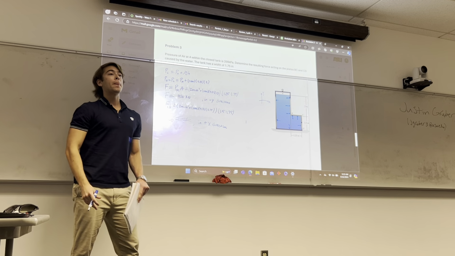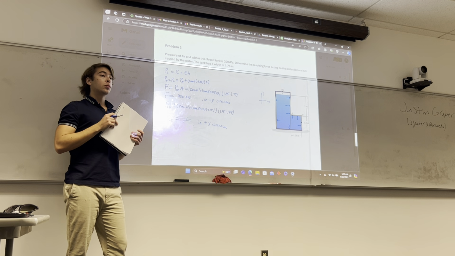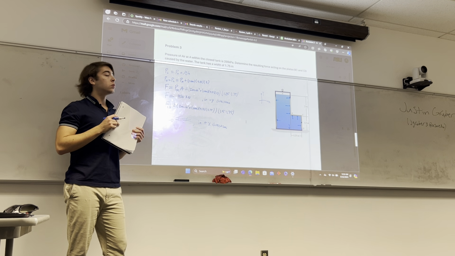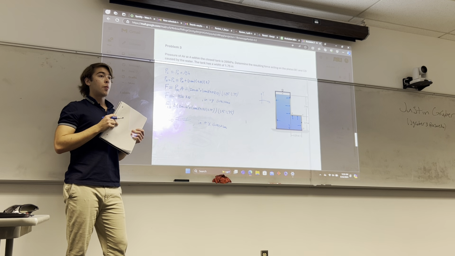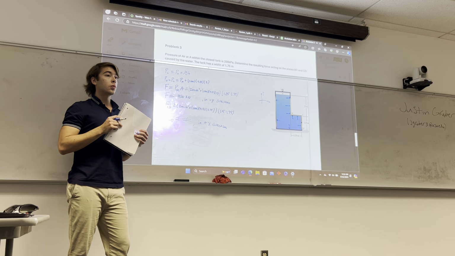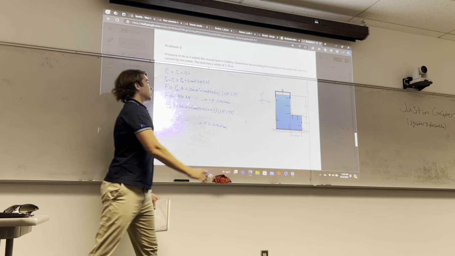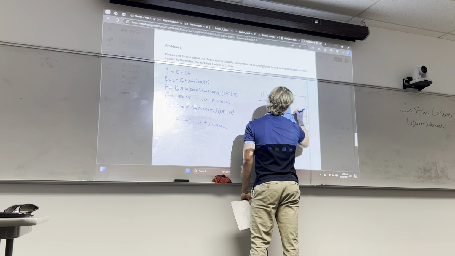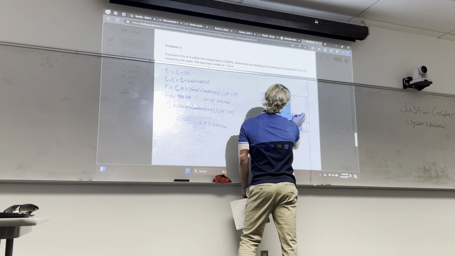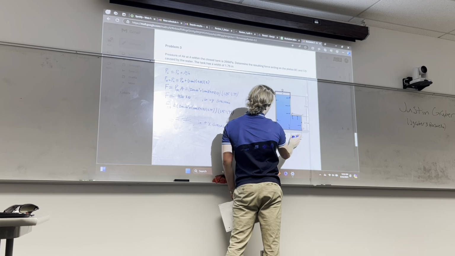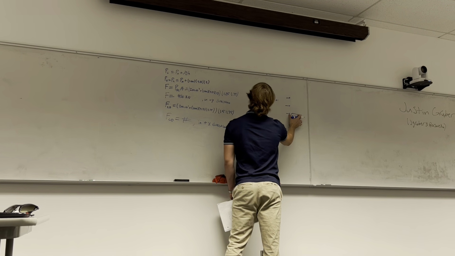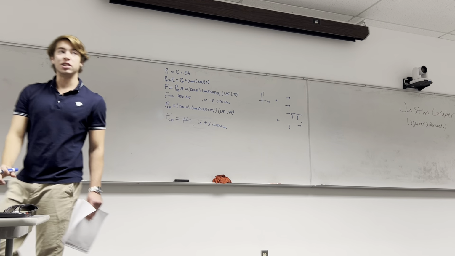For 1.25 times 1.75, what is that area? It's this area right here, because this is 1.25 wide by 1.75 meters into the page.